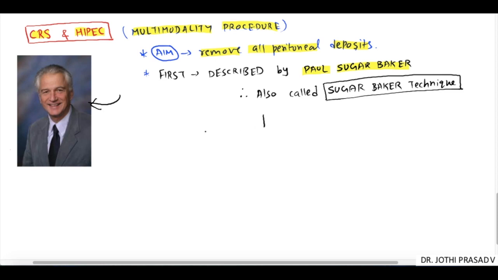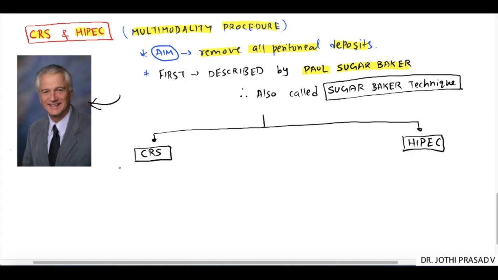The procedure as such involves two steps. First is cytoreductive surgery, second is HIPEC. In cytoreductive surgery, parietal peritonectomy is done along with removal of involved organs, followed by HIPEC.